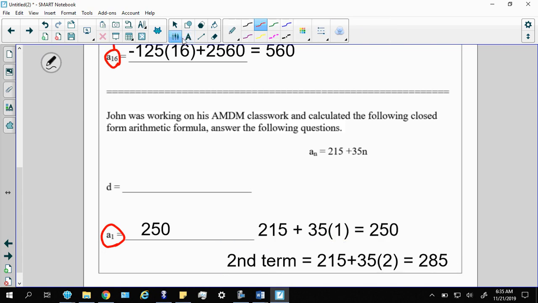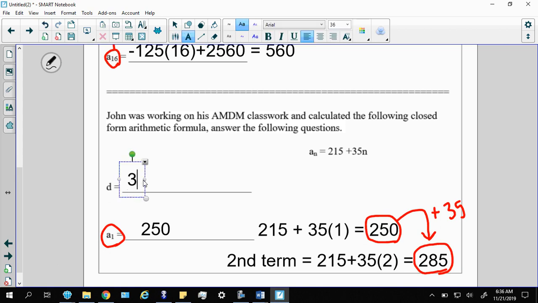Your first term ended up being 250. Your second term ended up being 285. What did you do to 250 to get 285? Well, I just simply added 35. So guess what? Your common difference is going to be 35. That's it. This one question has thrown so many people off in the past, and it is probably one of the easiest questions. So hopefully you take a mental note on this.